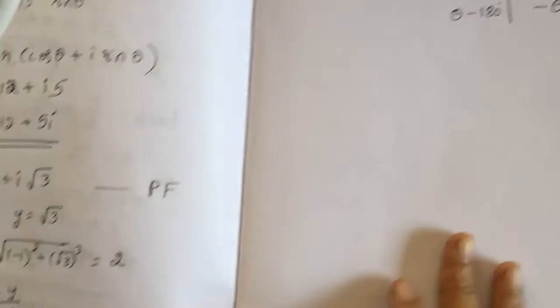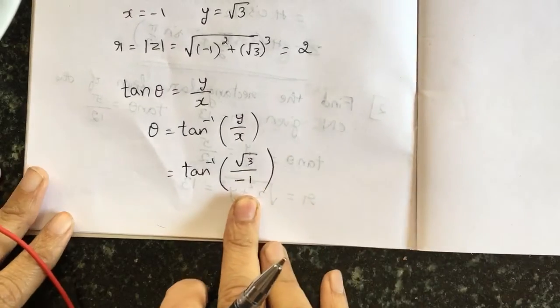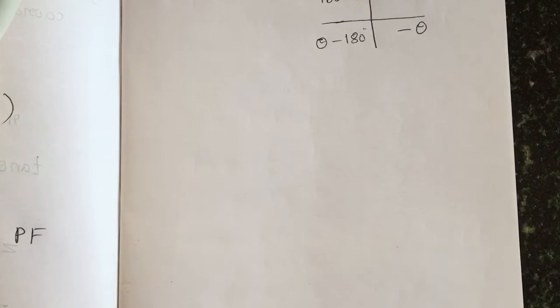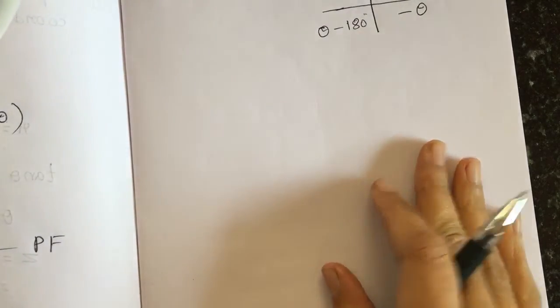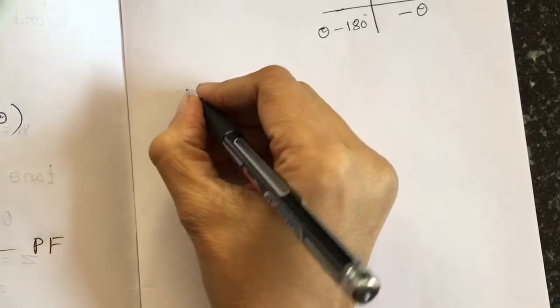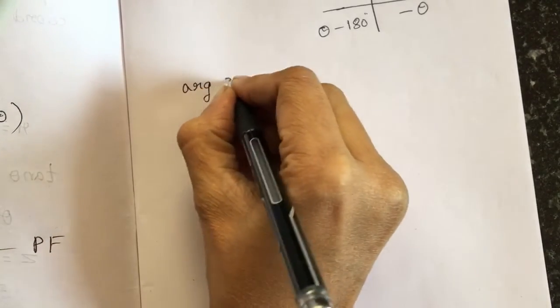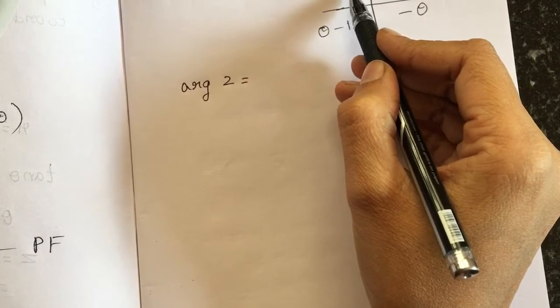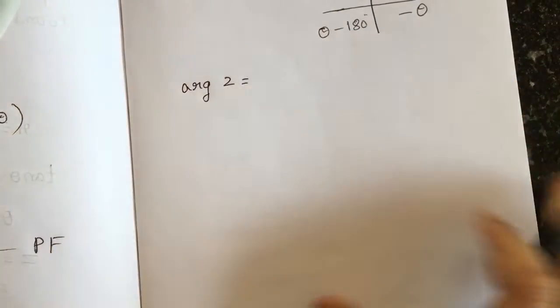Now what happens here? Here x is negative, right? When you just ignore the sign here, then it is tan inverse of root 3, so that theta will be pi by 3. So now for calculating the argument of z, we have to take 180 minus theta because x is negative.